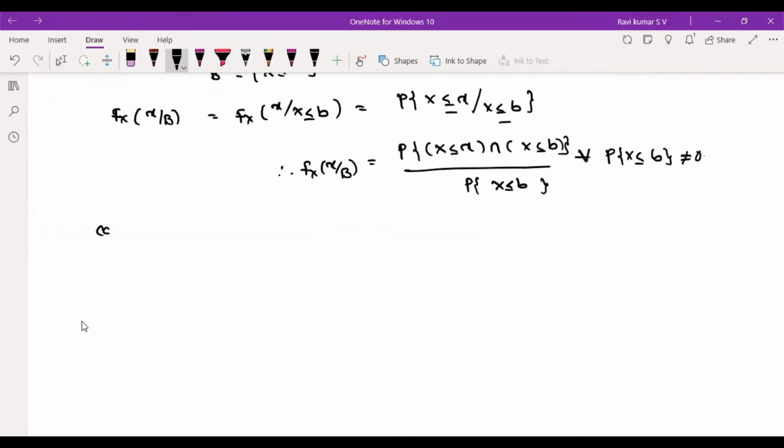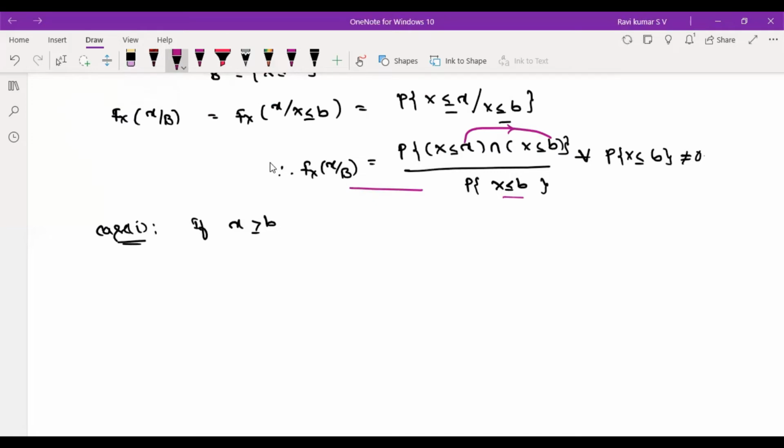So here I'm taking case 1. In this case 1, if x is greater than or equal to b, what happens? In this expression, we have the probability of X less than or equal to x intersection X less than or equal to b, divided by the probability of X less than or equal to b. Now x is greater than b.